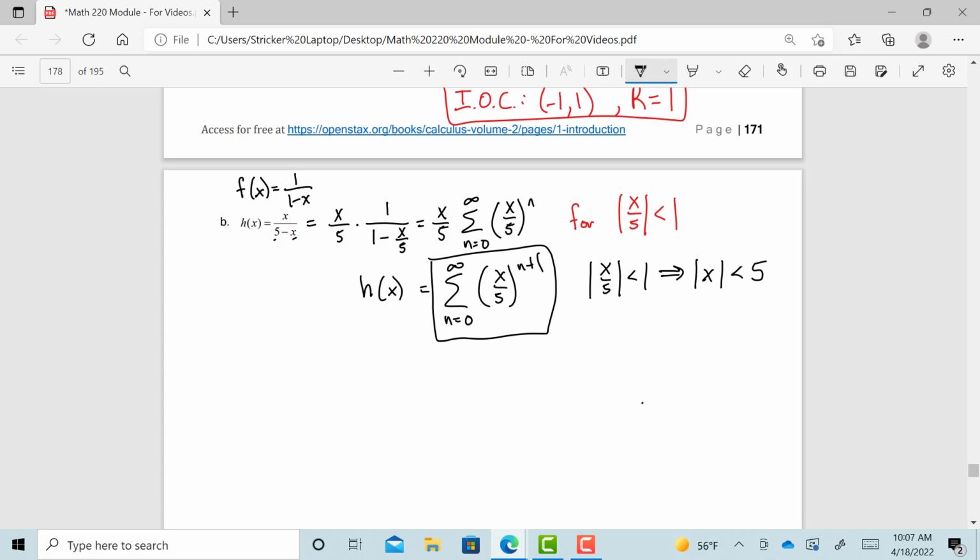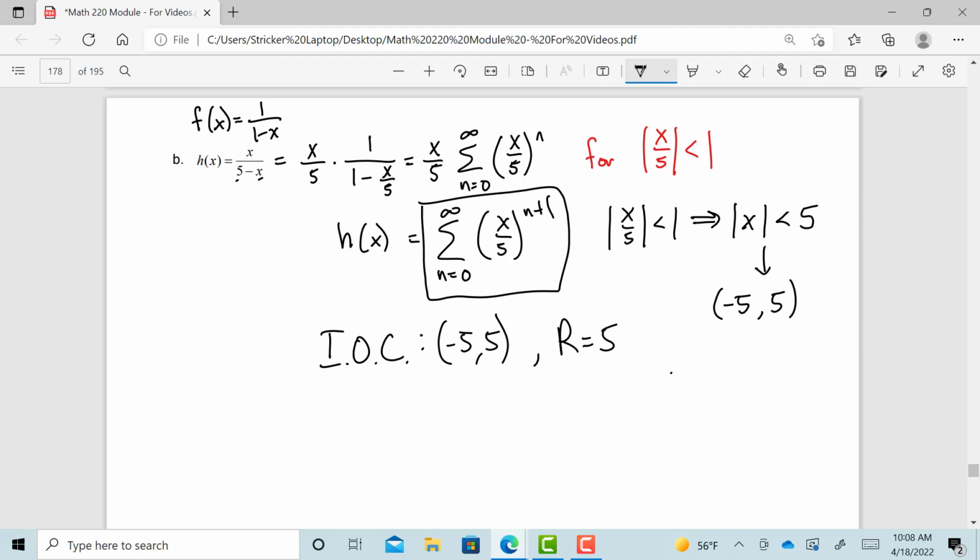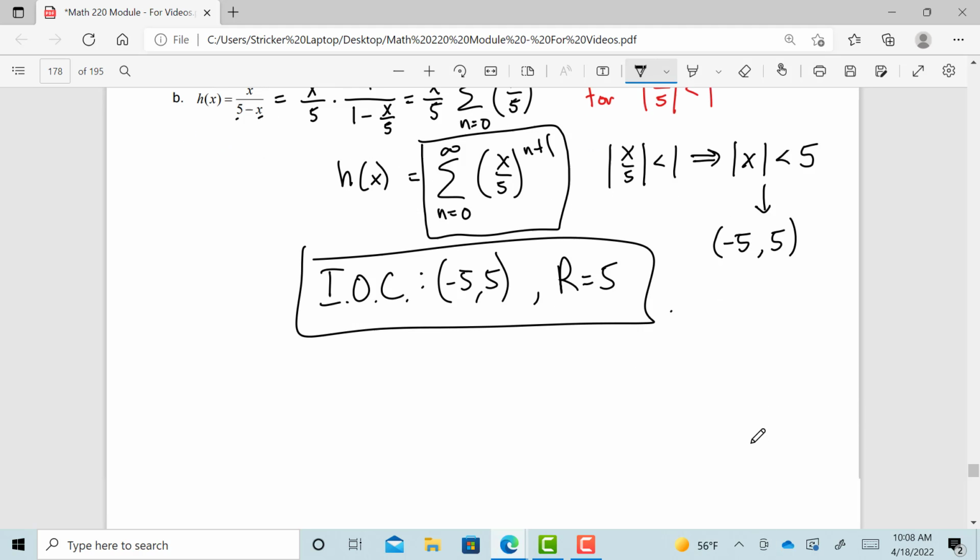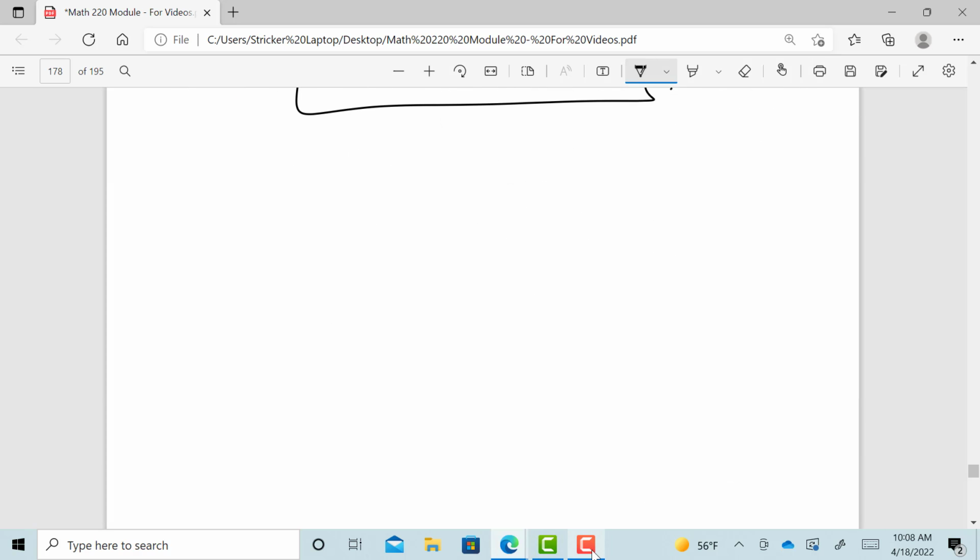So that means our radius of convergence is going to be 5, and our interval of convergence is going to be -5 to 5, because this means the x is between -5 and +5. So interval of convergence, -5 to 5. Radius of convergence, 5. And that's our answer, and that's going to finish it up for section 6.1. I'll see you in the next video, next section. Thank you.